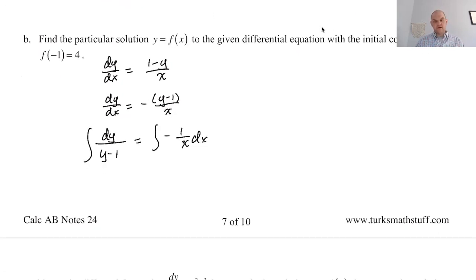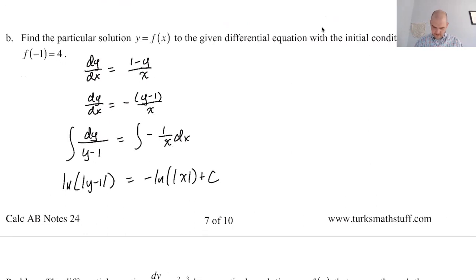And we're going to integrate both sides. Here I get natural log absolute value of y minus 1. Save the plus c for the right-hand side. Here I'm going to get negative natural log absolute value of x, and then plus c goes here. So what are we going to do?